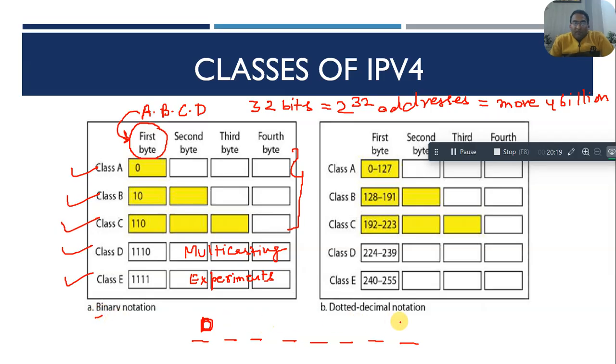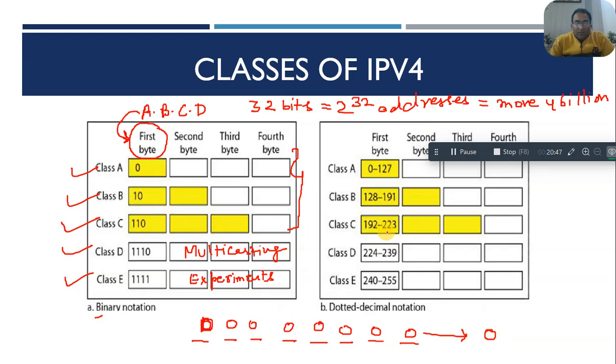Now how do we identify with the dotted decimal notation? As you know, the 0 is assigned for class A. Now we are left with 7 bits. If these 7 bits are 0 0 0 0 0 0 0, then if we convert this into decimal notation, this number will be 0.